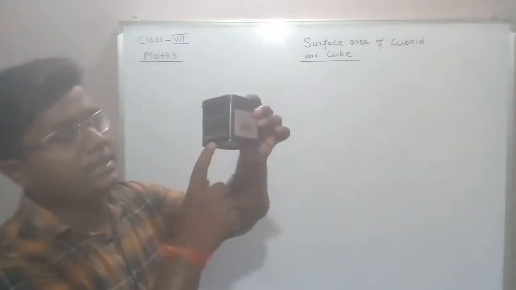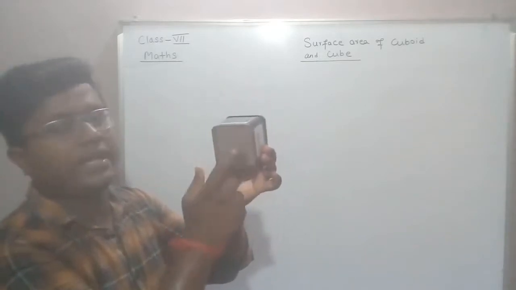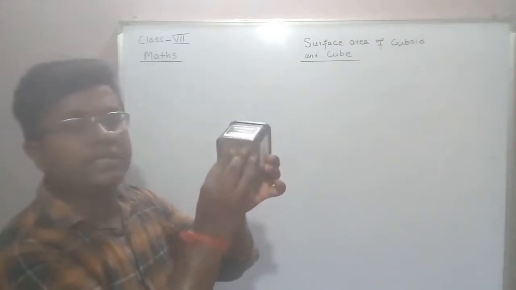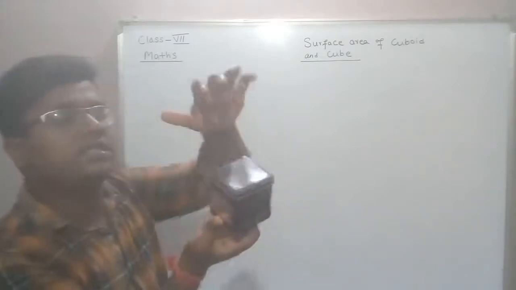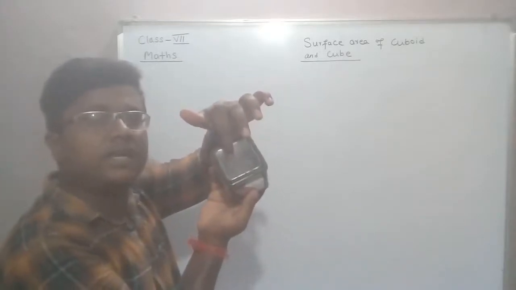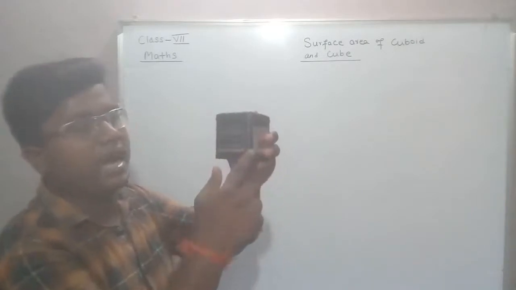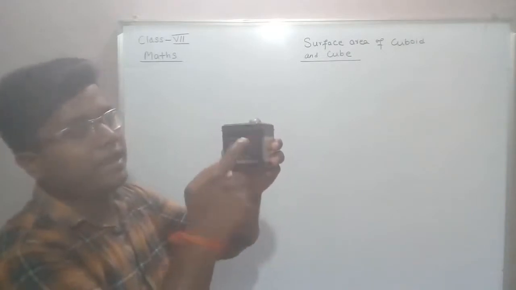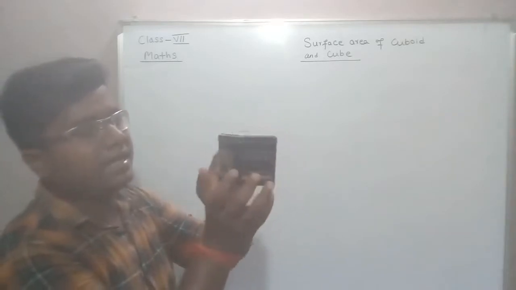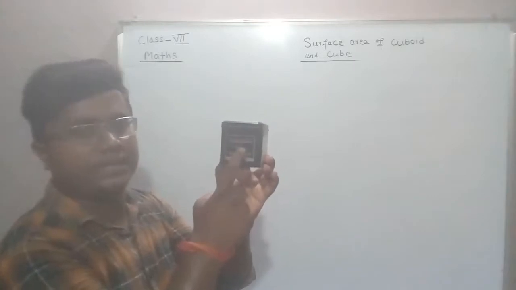If we take this as length and this as breadth, the area of this rectangular surface is length into breadth, and the surface opposite to it is also length into breadth. Similarly, if this is length and this is height, length into height is the surface area for this surface, and the opposite surface has the same.